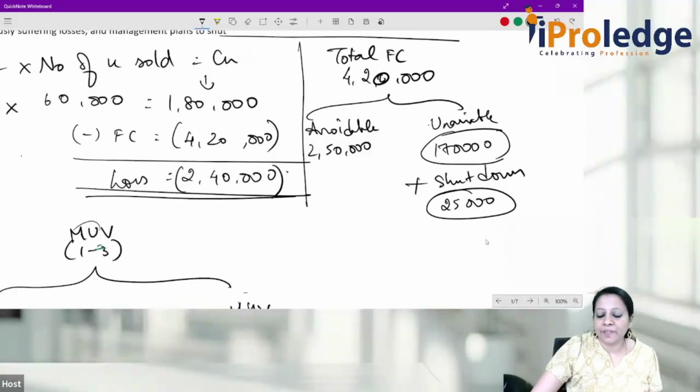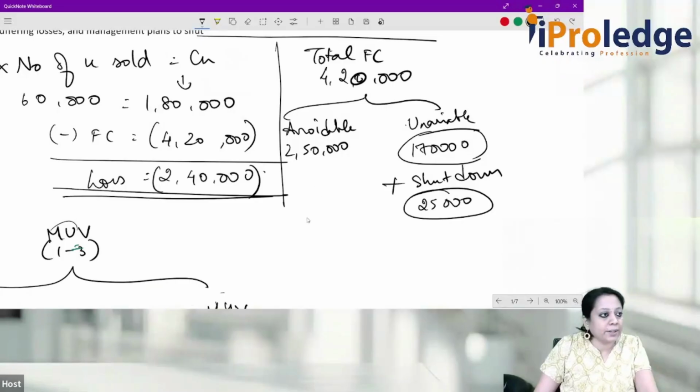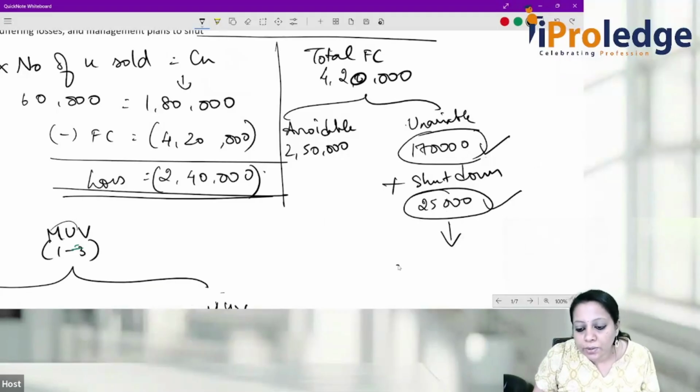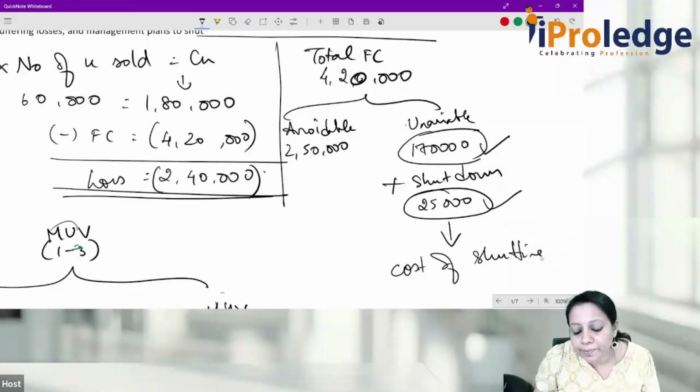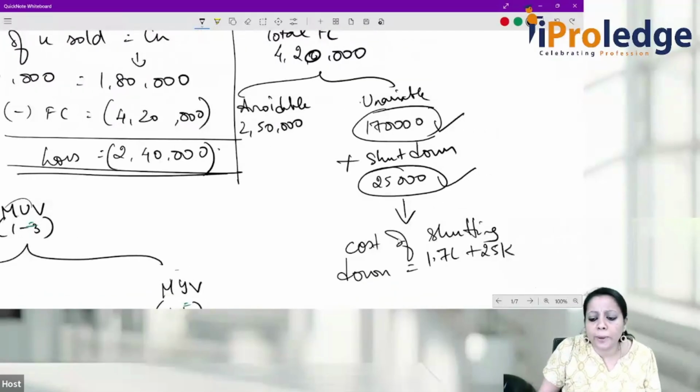If I shut down, this avoidable part is saved. But I will continue to incur 1,70,000 and 25,000 if I shut down. So the cost of shutting down will be 1,70,000 plus 25,000, which is 1.95 lakhs.